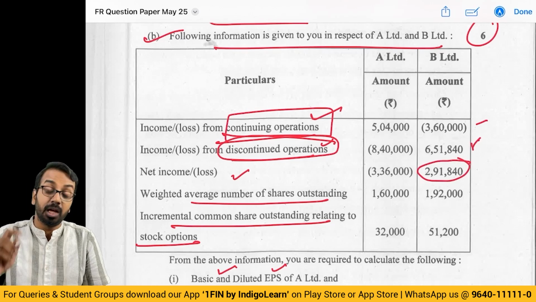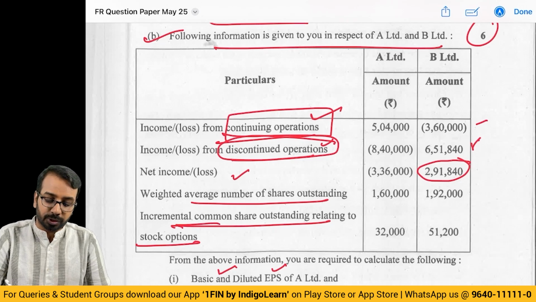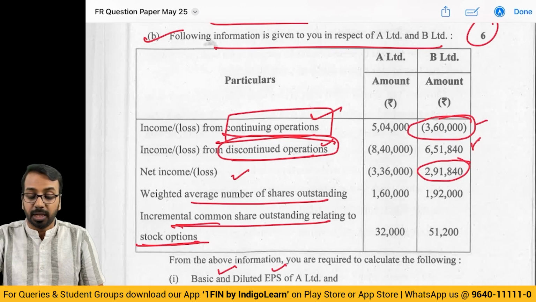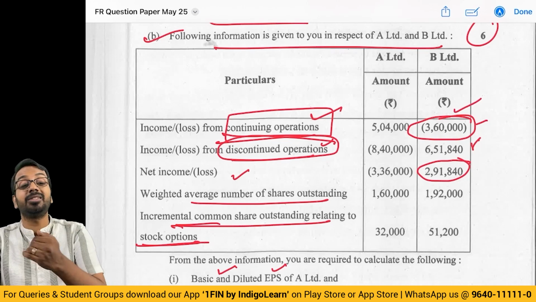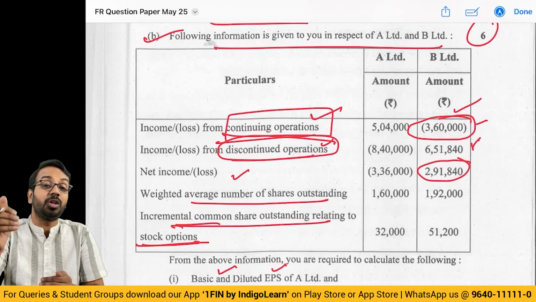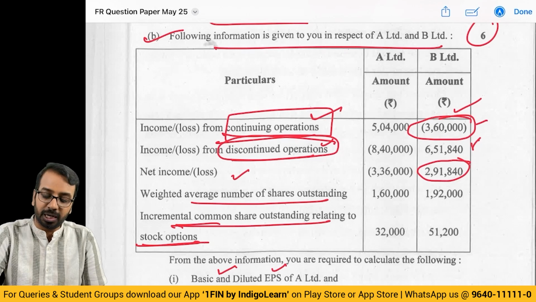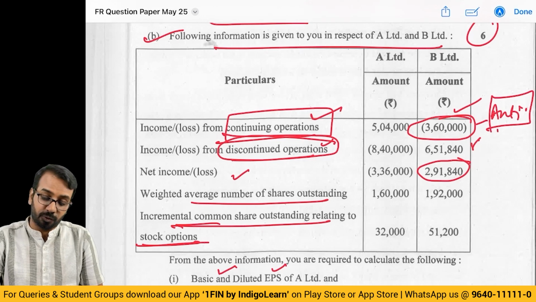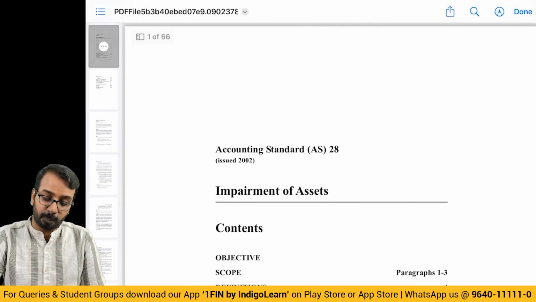Meaning to say, to check whether these options are dilutive or not, you have to consider this number. Income from continuing operation is what you have to consider. So here it is 360. When there is a loss, and if the number of shares increase, the loss per share decreases. So here it becomes anti-dilutive. Okay. So accordingly we can do the presentation.